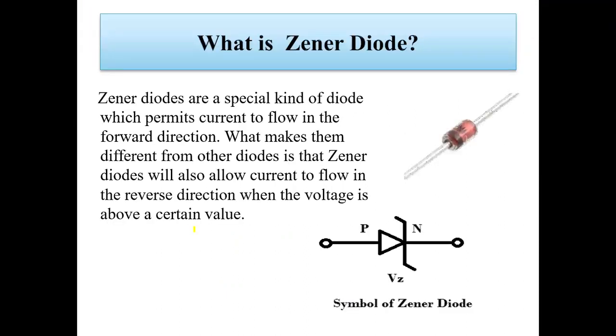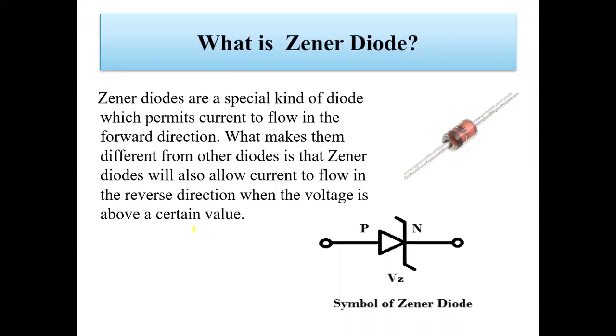And here the first question is, what is a diode? Zener diodes are a special kind of diode which permit current to flow in the forward direction. What makes them different from other diodes is that Zener diodes will also allow current to flow in the reverse direction when the voltage is above a certain value.